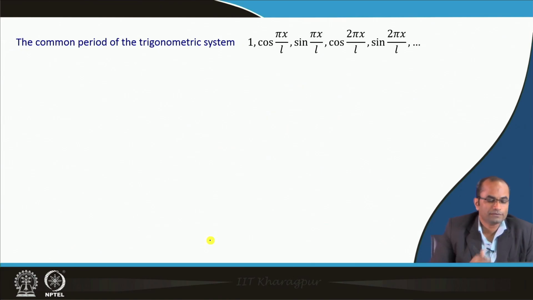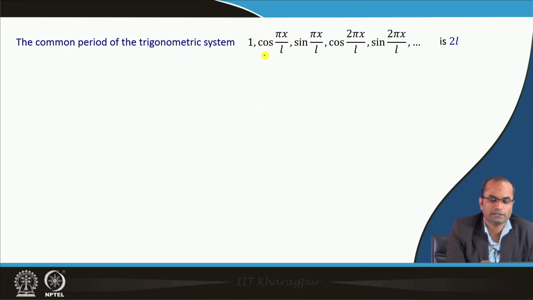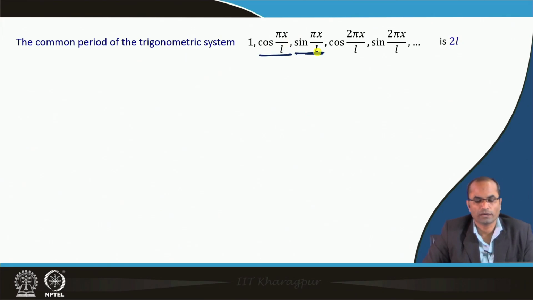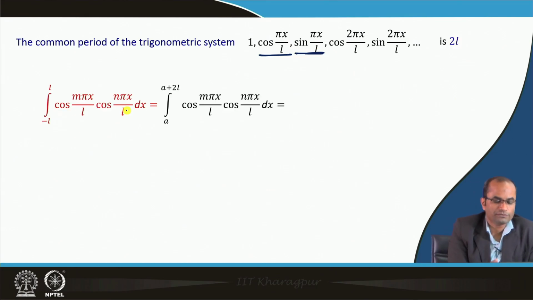So, the common period of this trigonometric system is 2l. This can be easily obtained from the period of the first two functions, which is 2l. And what result do we have now?